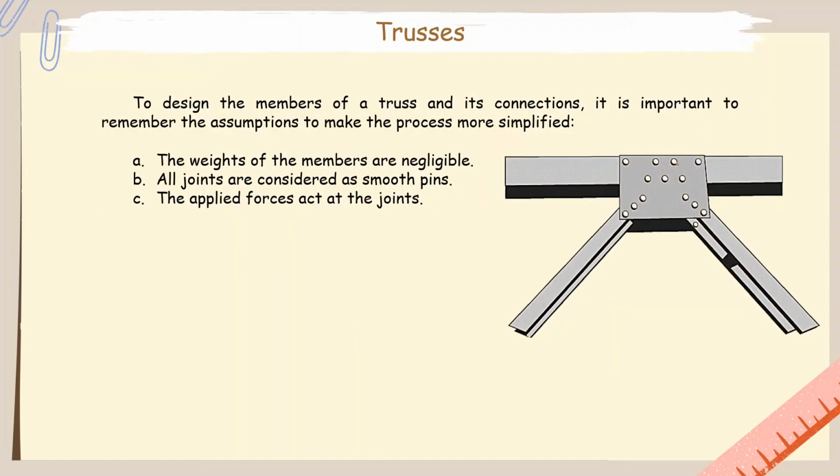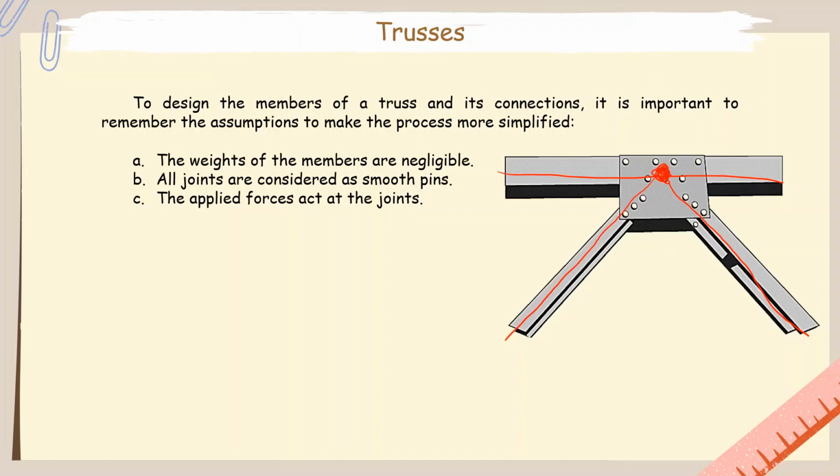But gina-consider nato ni na at the common point where the line of action of the members meet, it forms or is called a joint. Ito. This is called a joint or smooth pins.